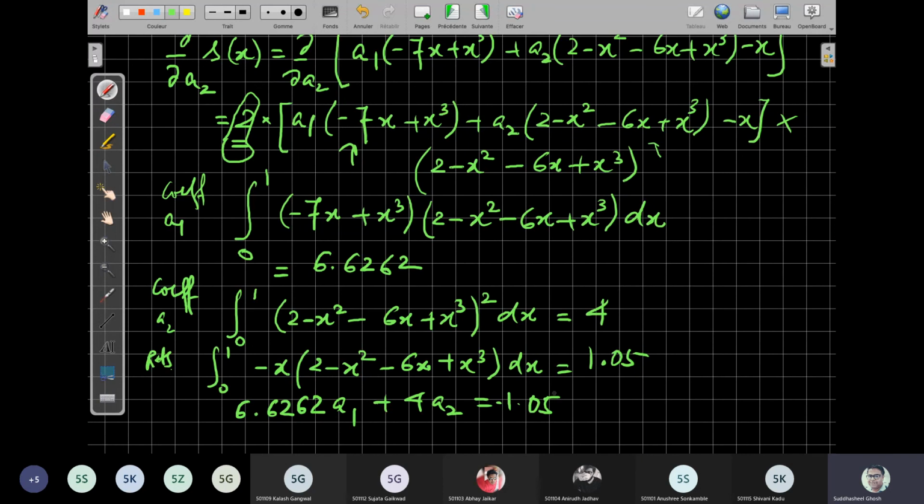Now you solve both these equations, the upper equation and the lower equation. Tell me the values of A1 and A2, and also A3. Already A0 is 0. What is A1, A2 and A3? Tell me.